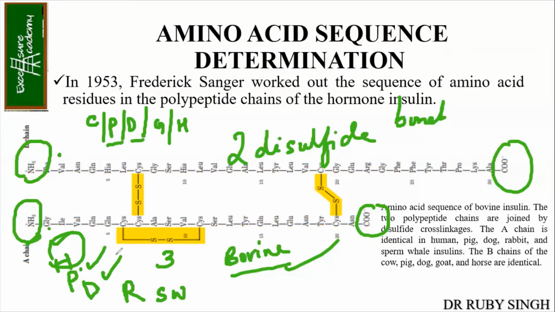Pig and dog here also, pig and dog here also, and we know that it is similar to humans. That's why I said initially that to treat diabetes, pig insulin was taken. People can eat pork also, and from the pancreas you can get the insulin. Anyway, you are going to butcher the pig, so why not use it for diabetes treatment also?